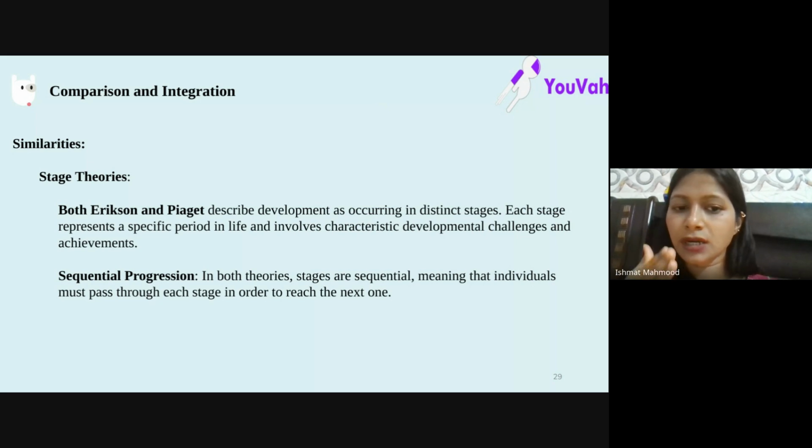Each stage represents a specific period in life and involves characteristics, developmental changes and achievements.